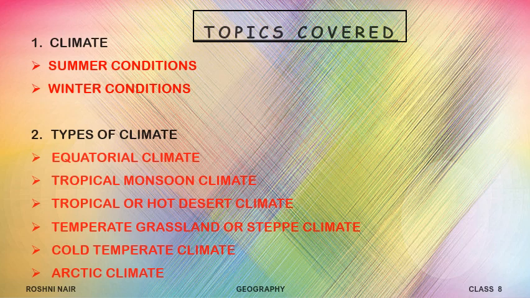I'll just repeat the headings which are cancelled. From page number 110, warm temperate eastern margin or China type climate, and the subheading natural vegetation and wildlife of this region which has China type climate, is cancelled.